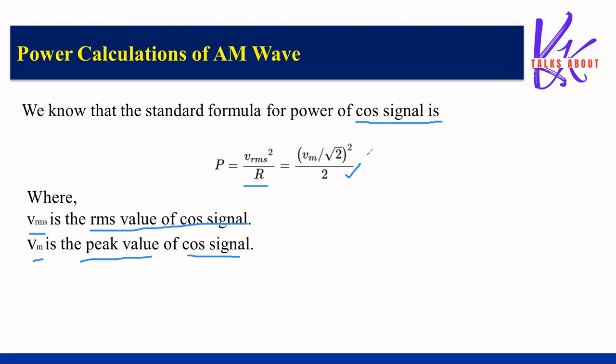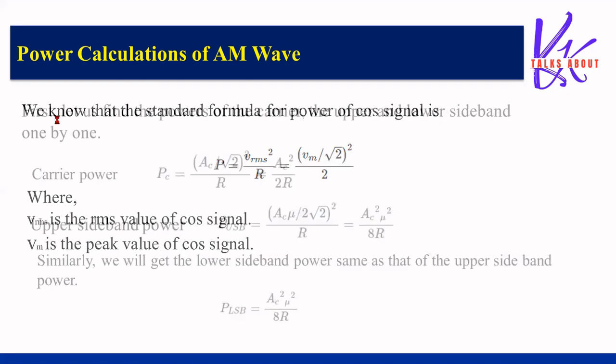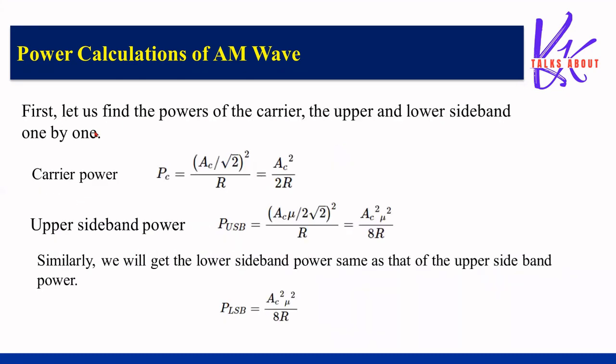So with this basic information, we can proceed to calculate the power of the amplitude modulated wave. First, let us find the powers of your carrier, upper and lower sidebands one by one.